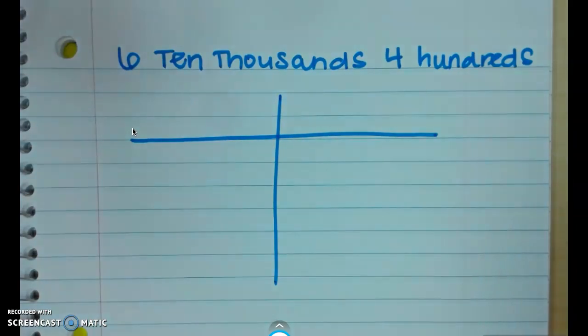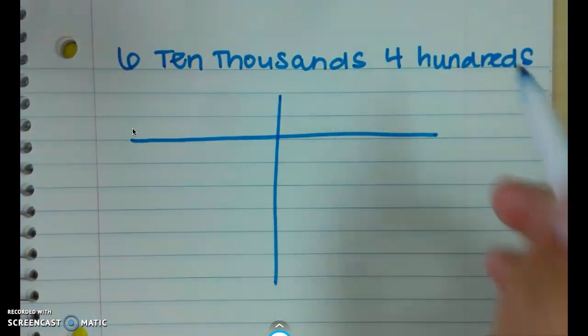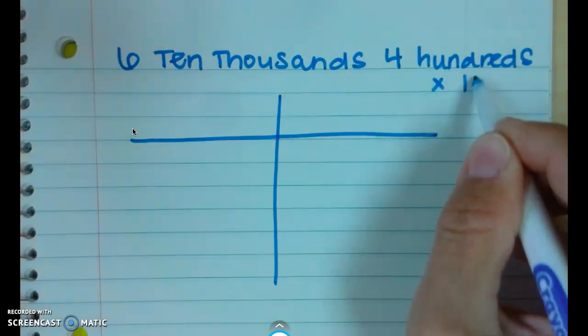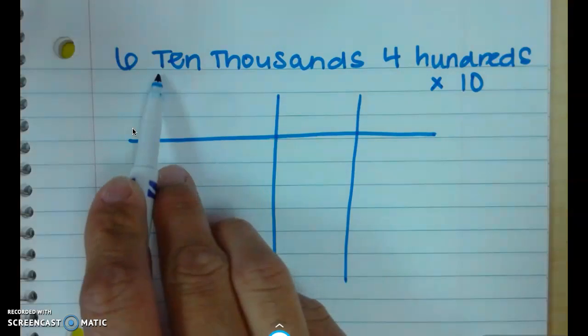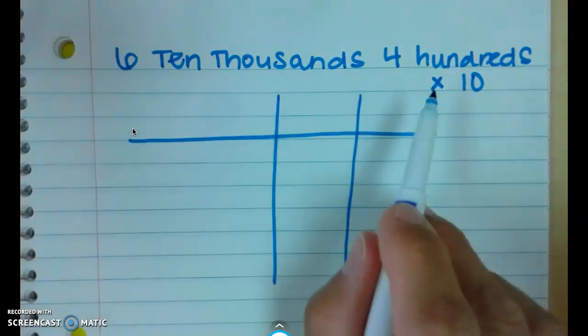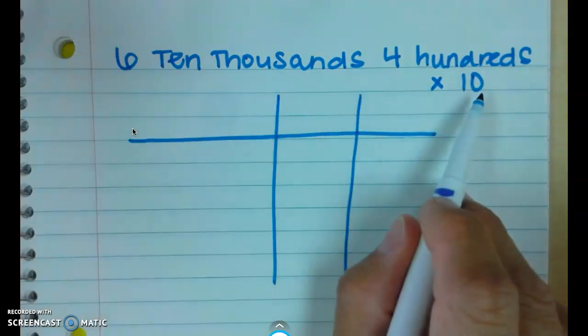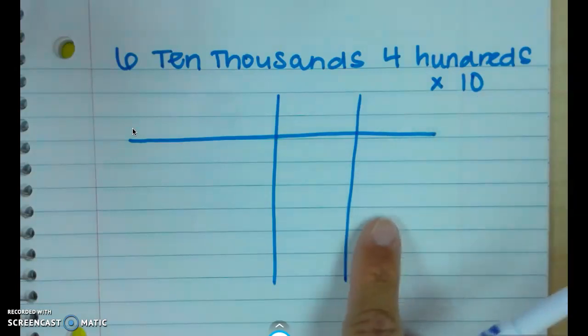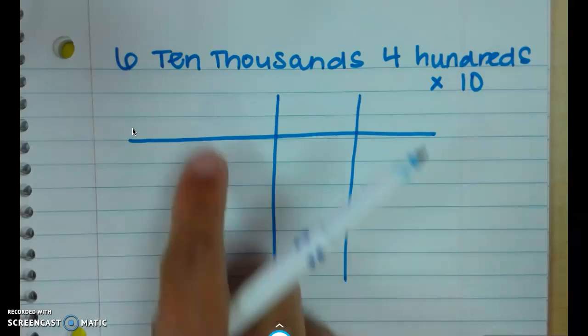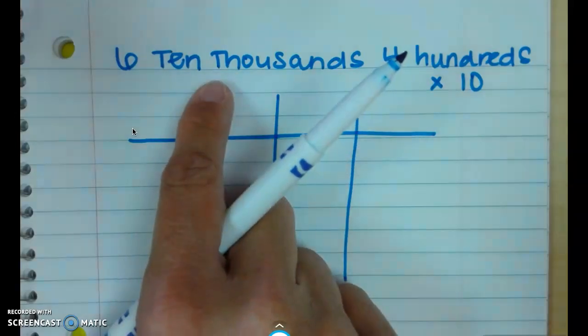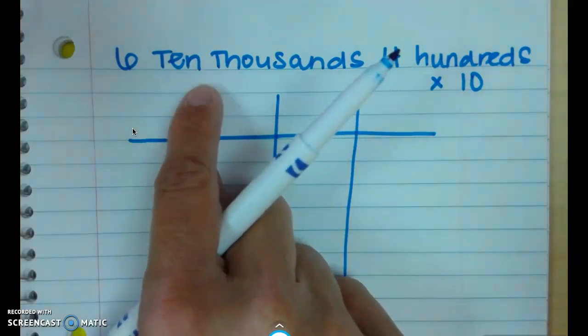what 6 10,000s, 4 hundreds times 10 would be, I'm going to draw my place value chart. I am up here in 10,000s. And I know if I'm timesing by 10, I'm going to be moving all of my dots up, so I'm going to need to go even bigger. Make sure my place value chart has bigger than 10,000s, which would be up to 100,000s.